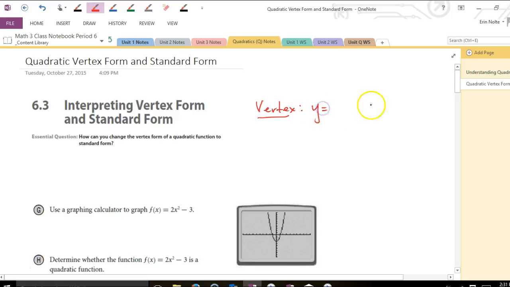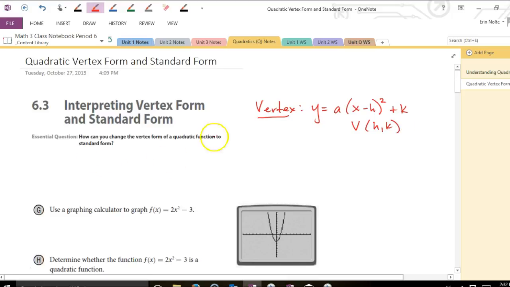Y equals a times (x minus h) squared plus k. Okay, and we love vertex form because it's really easy. You can pull the vertex out literally as the h and the k values.